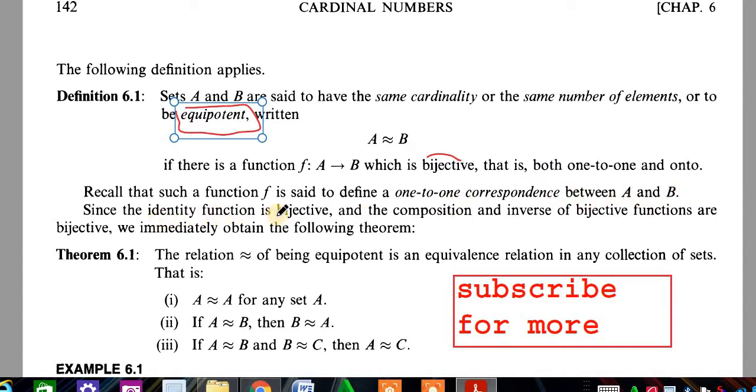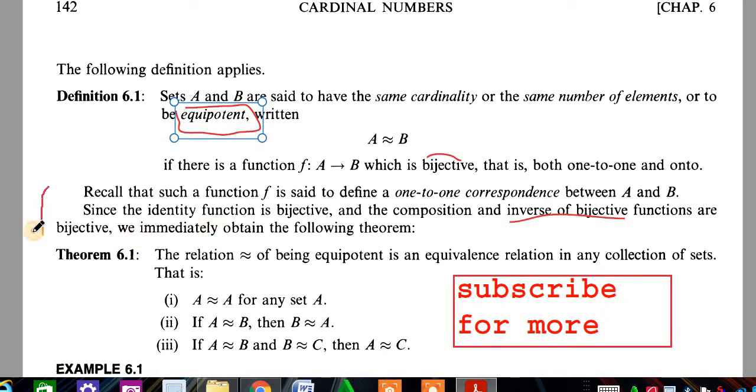Since the identity function is bijective, we can take the example of the identity function, because it is one-to-one as well as onto. So the identity function is a bijective function, and the composition and inverse of bijective functions are bijective. This is important: the inverse of a bijective function is bijective, and the composition of bijective functions is also bijective.